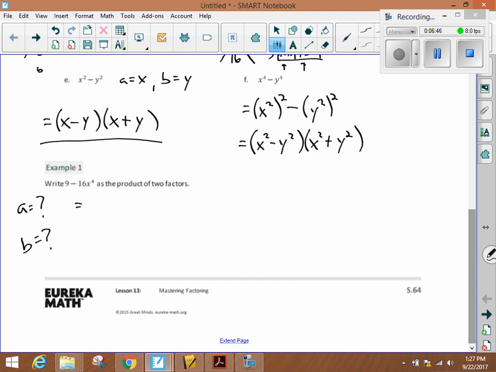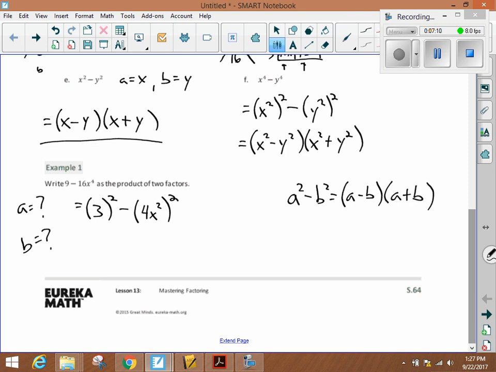And if I rewrite it, so that I write this as 3 squared, right? Minus 4x squared. Now I can use this formula, right? This formula that I mentioned before. a squared minus b squared is equal to a minus b times a plus b.